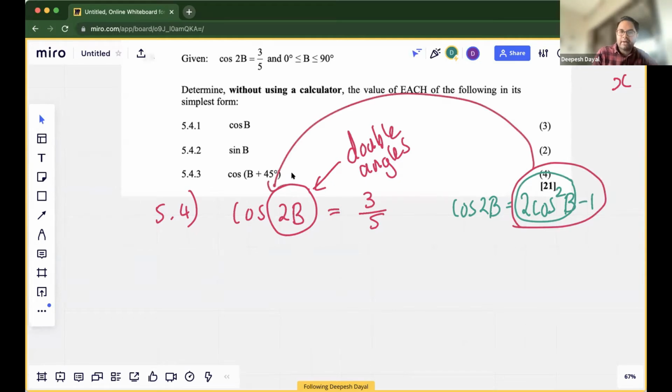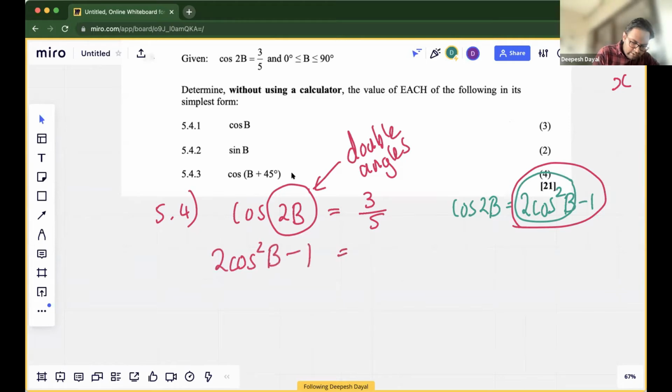So it is going to be 2 cos squared b minus 1 equals 3 over 5. And then it's going to be 2 cos squared b equals 3 over 5 plus 1.